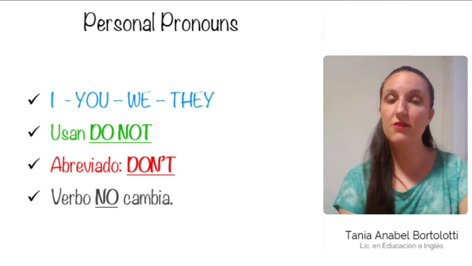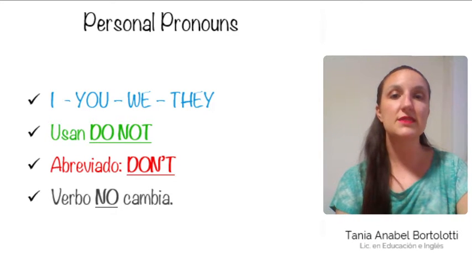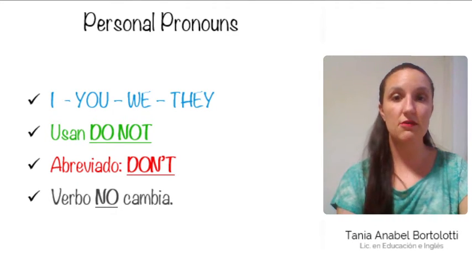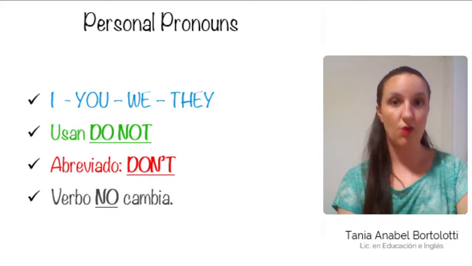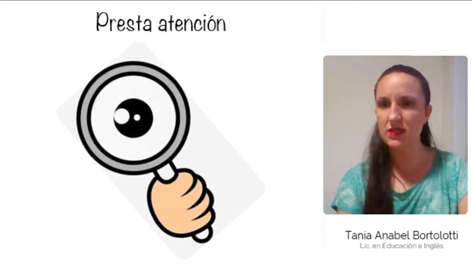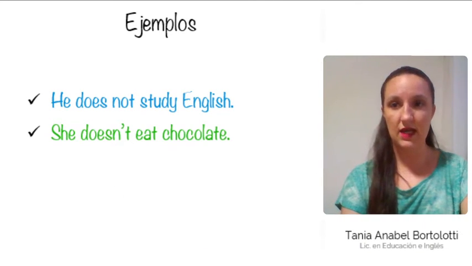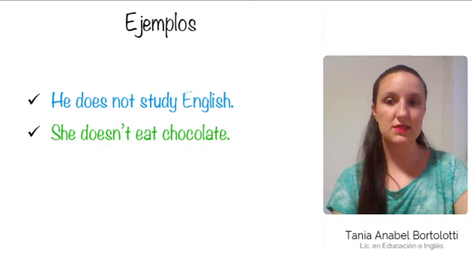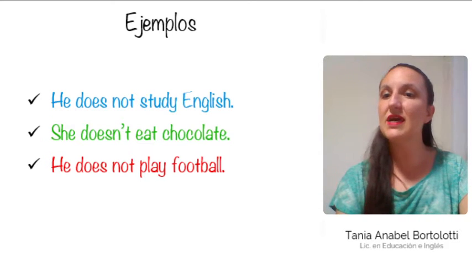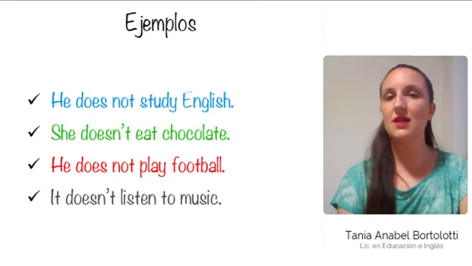And the main verb doesn't change. The main verb is still in the base form, in the infinitive form. Now pay attention, pay close attention. He does not study English. She doesn't eat chocolate. He does not play football. It doesn't listen to music.